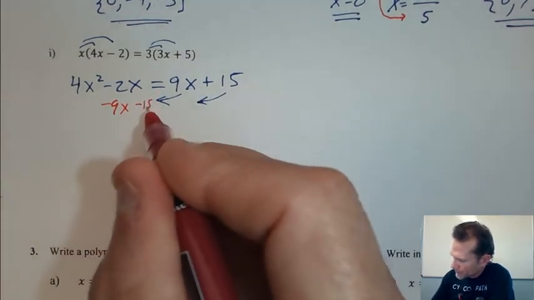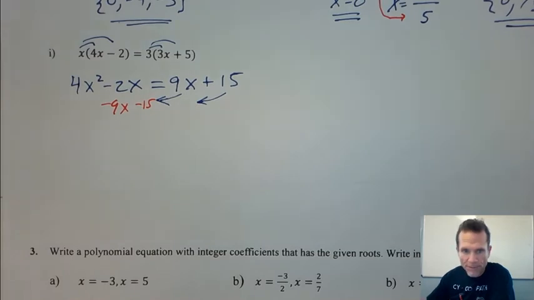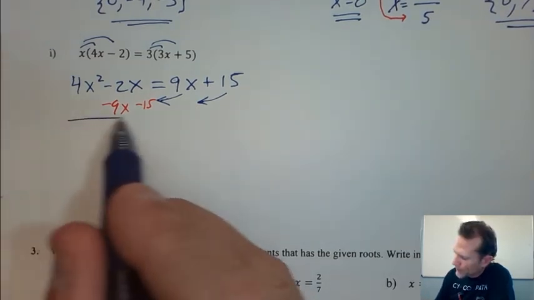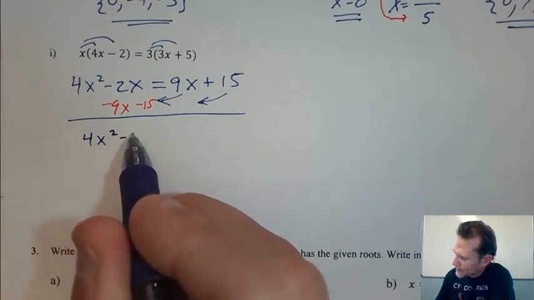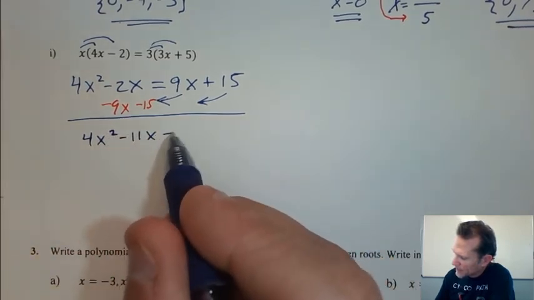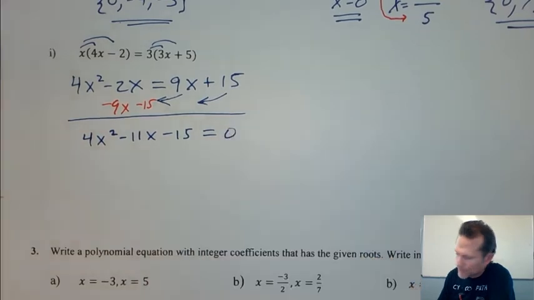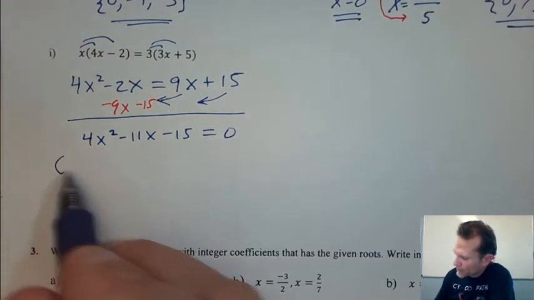So I'm just kind of cramming that in there for a note to myself. So what I have is 4x squared minus 11x minus 15 equals 0. Okay? So now I need to start working on factoring this.